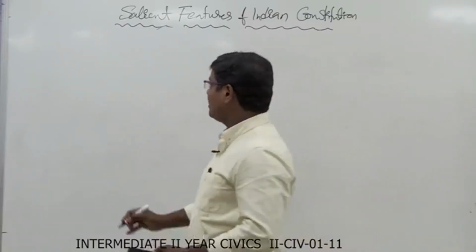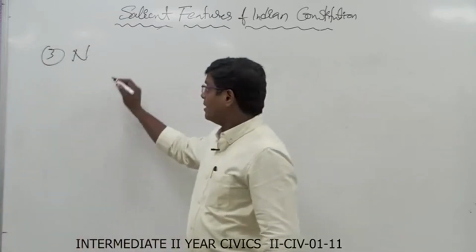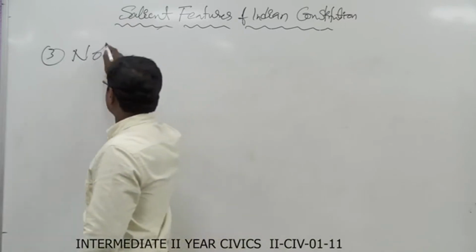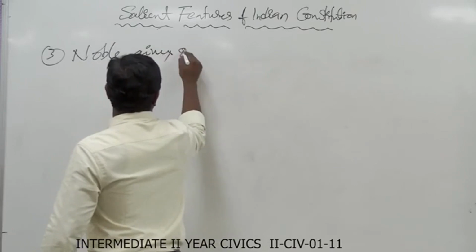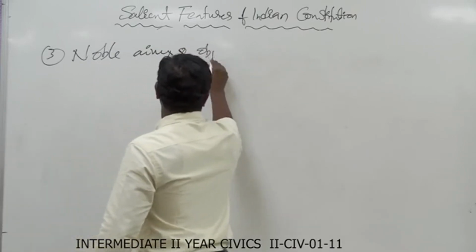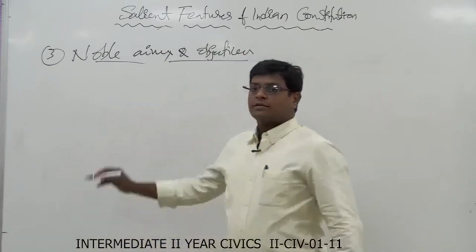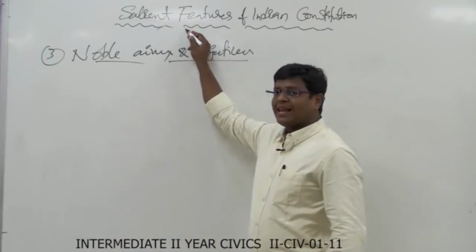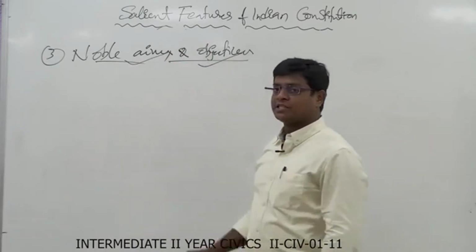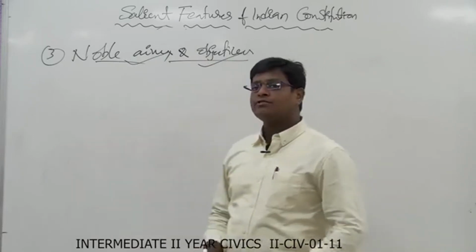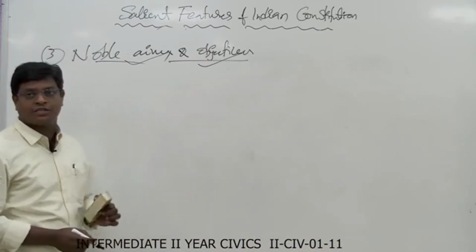The next one is noble ideas, aims and objectives. The third essential element or salient feature of the Indian Constitution is noble aims and objectives. When you observe the preamble of the Indian Constitution, we find the noble aims and objectives.